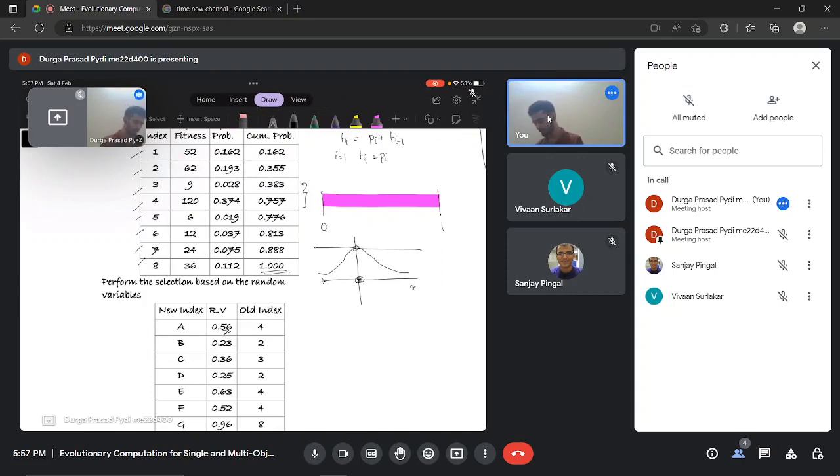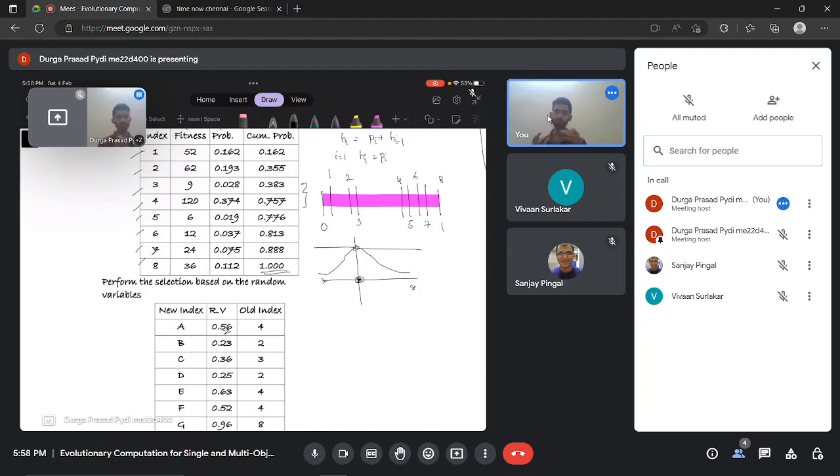So if you split from 0 to 1, 0.162 is where your 1 happens. 0.355 is where your second one comes. 0.383 is quite close to the second one, so 3 comes here. 0.757 is somewhere around here, so here comes 4. 0.776 is close to it, here comes 5. 0.813 is again close to it, comes 6. 0.888 is close to that, so it is 7. And 1 is your 8. So you have distributed from 0 to 1 in this particular fashion, like your population is laid out in this way.